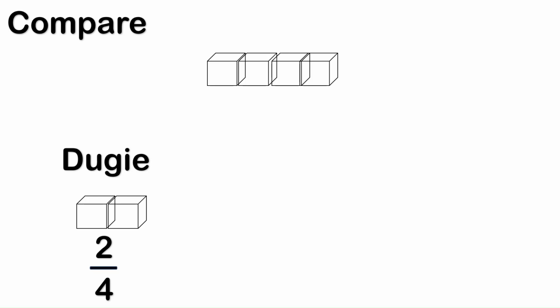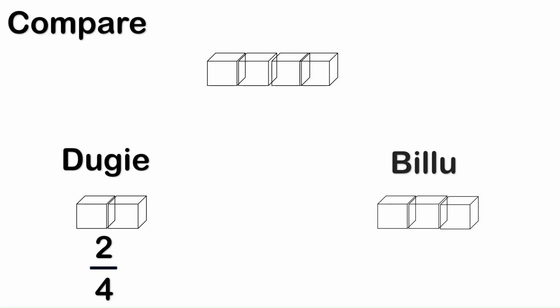Now she gives 3 such parts to Billu. So the name of Billu's fraction would be 3 upon 4. Now if you look at the pictures, it is evident that Billu's fraction is larger. Because in both cases the denominator is same, which means chocolate is divided in 4 equal parts in both cases. That is, size of the parts are same for both Billu and Doogie.